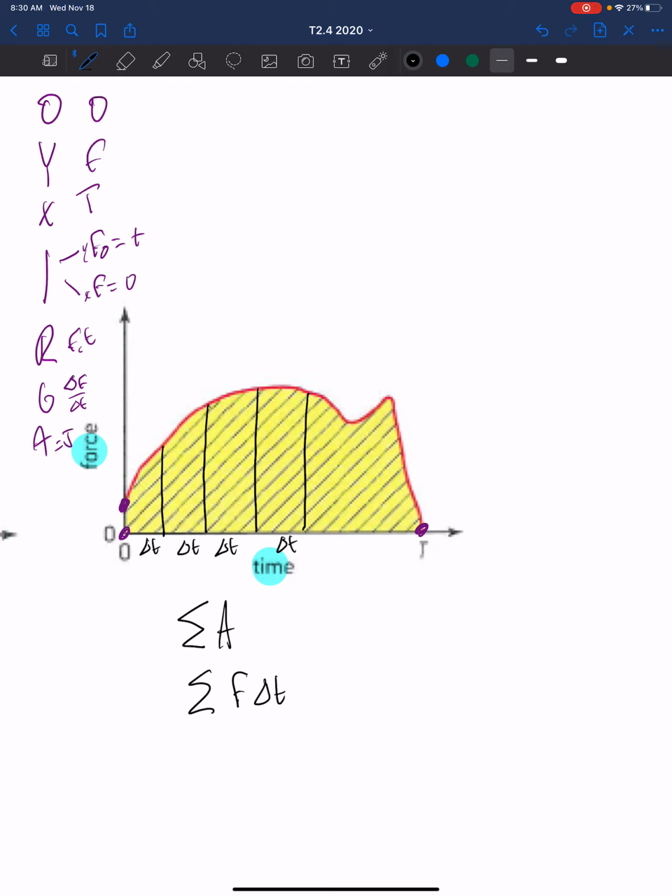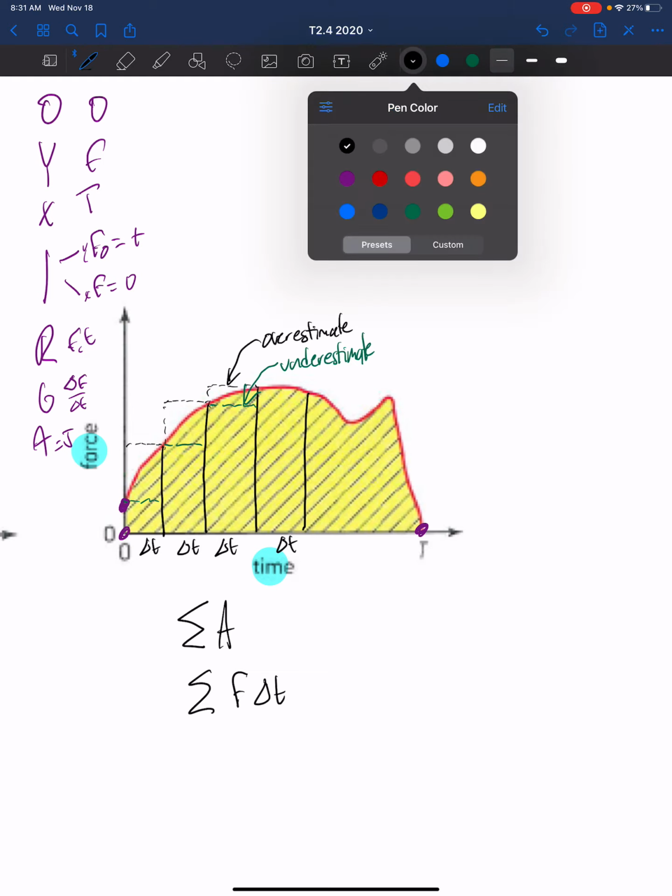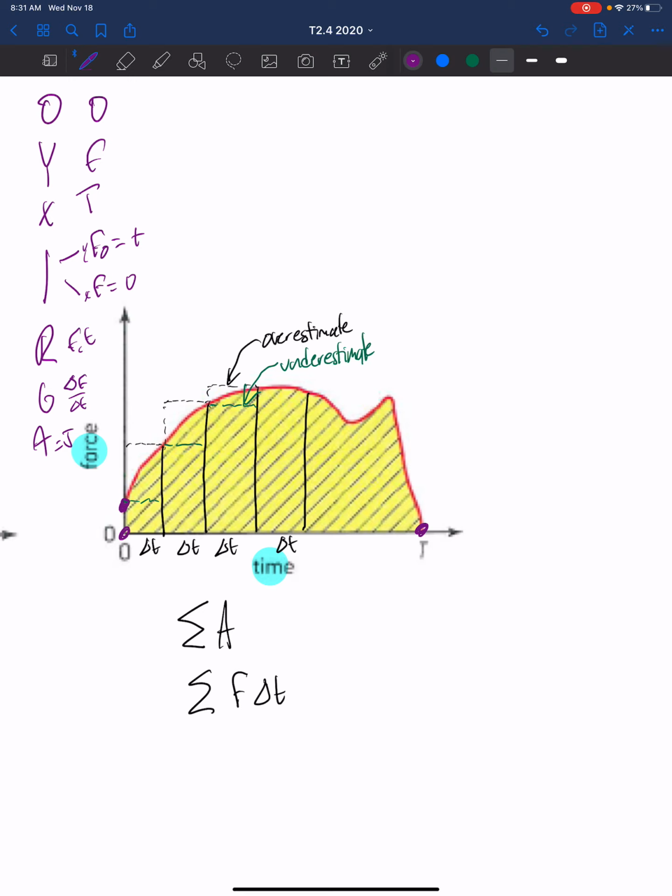Now we could use the right side as the F value, which will give us an overestimate of the area. We could use the left edge, which would give us an underestimate. Or we could use something closer to the midpoint.